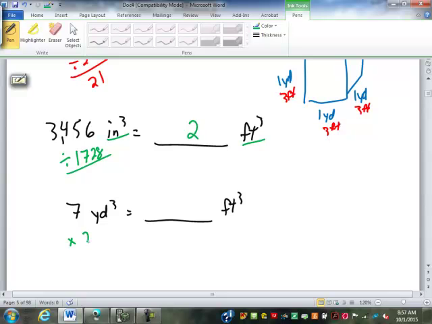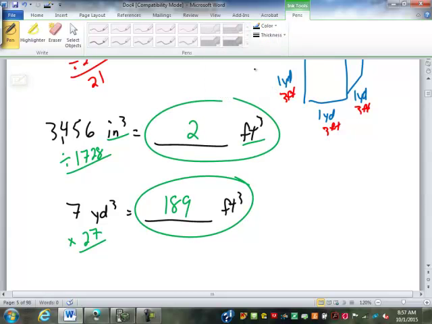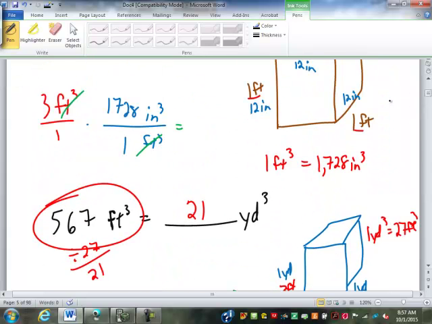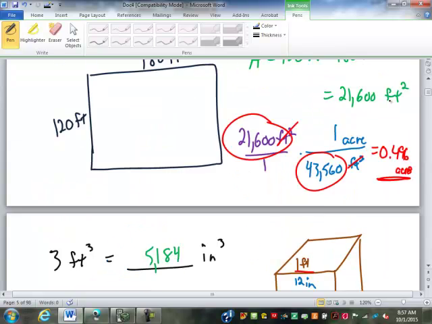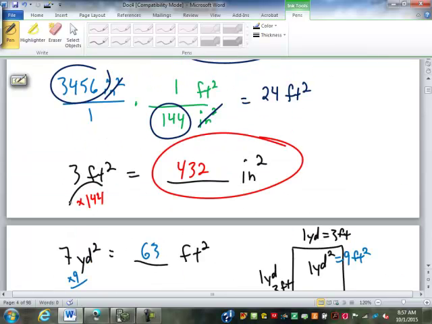So 7 times 27 is 189 cubic feet. Remember, these were square, so this was 3 by 3, so that's 9, or 12 by 12, so 144.